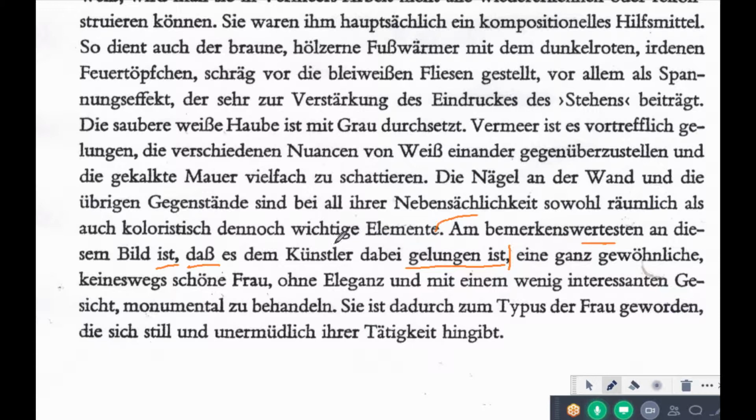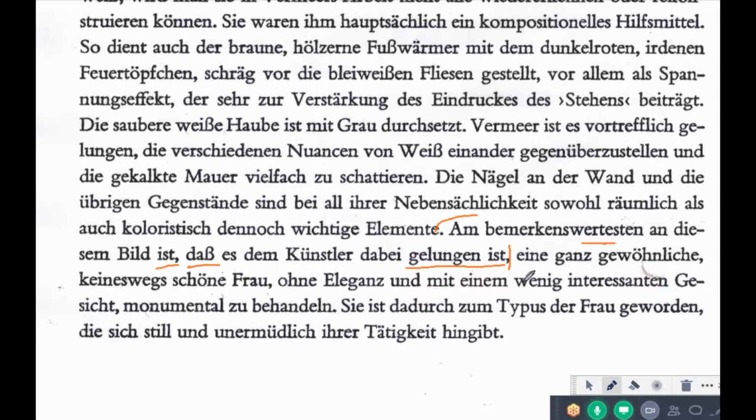That's literally what it means, but then you have to put it into idiomatic German or English: the artist has succeeded in doing something. So the most noticeable thing in this picture is that the artist has in this way succeeded, and then you have to have an infinitive to complete the meaning.